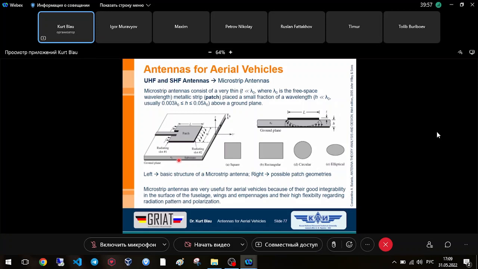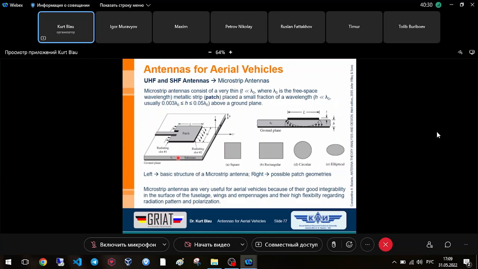So, let's say 40 or 50 years ago, people started to develop special materials for this type of antenna, which have very good mechanical behavior and also very good electrical behavior, meaning very, very low losses.